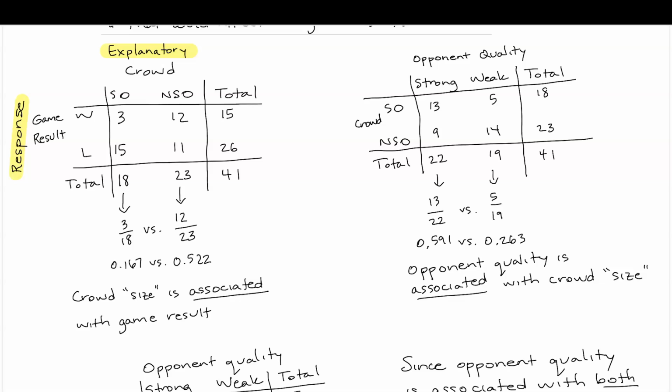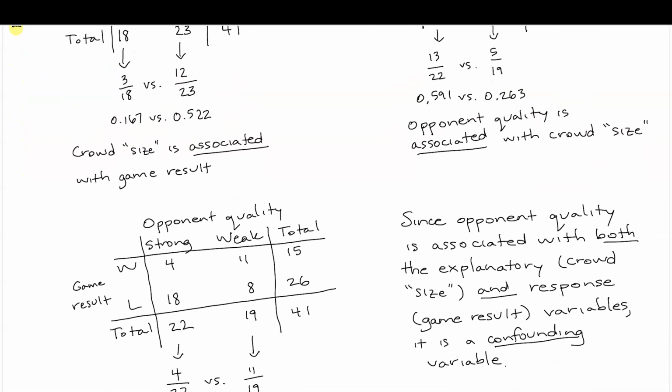Again, we look at the fact that those proportions are different, and that tells us that the opponent quality is associated with crowd size. And then, last but not least, I think in number 8, we looked at their proportion of wins against strong versus weak opponents. So again, you could create these tables and then calculate the proportions down the columns.